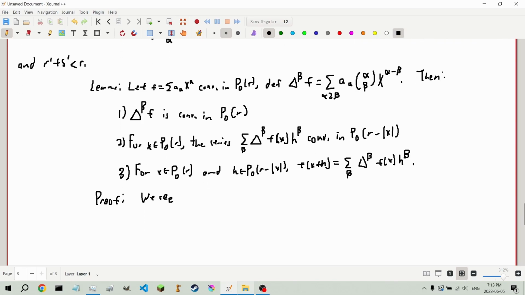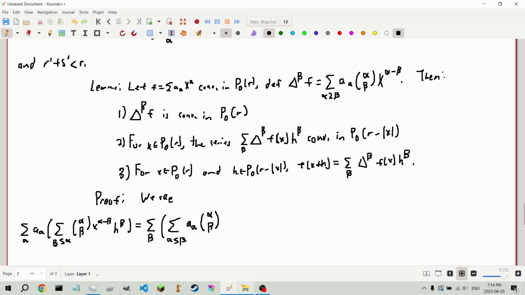We see that the sum over alpha of a_alpha times the sum over beta smaller than alpha of alpha choose beta times x^(alpha minus beta) times h^beta is the sum over beta times the sum over alpha at least beta of a_alpha, alpha choose beta, times x^(alpha minus beta) times h^beta, which we know here is the sum over beta of delta beta of f at x times h^beta, which is what we needed.